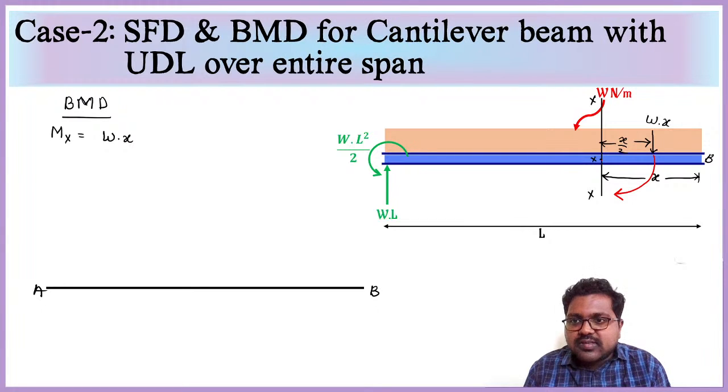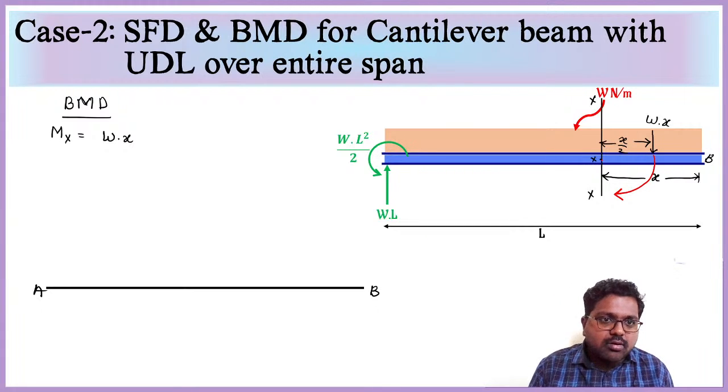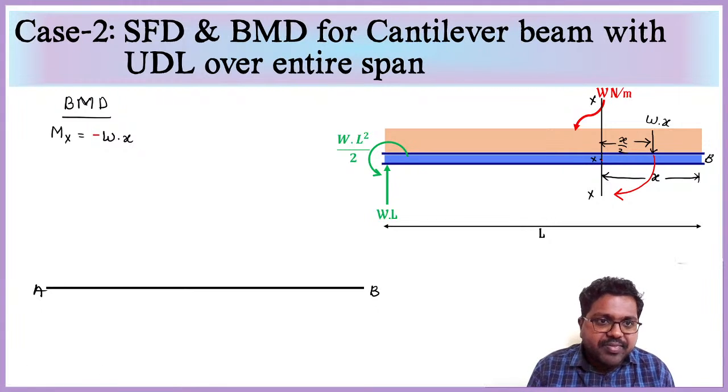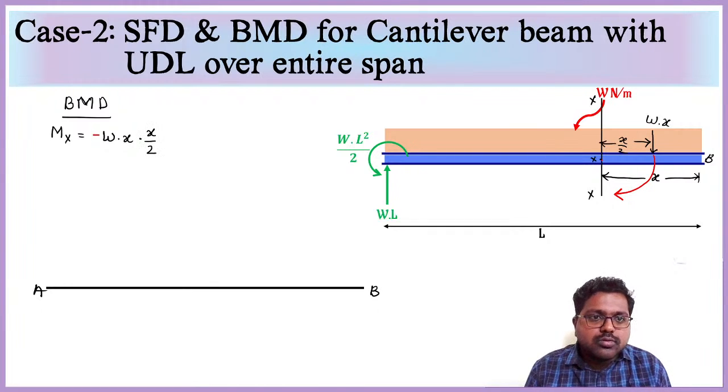So this is hogging in nature, means bending the beam in downward direction. So we have to give negative direction of load intensity W into X into lever arm distance, that is x by 2. So we will get Mx equal to wx square by 2.